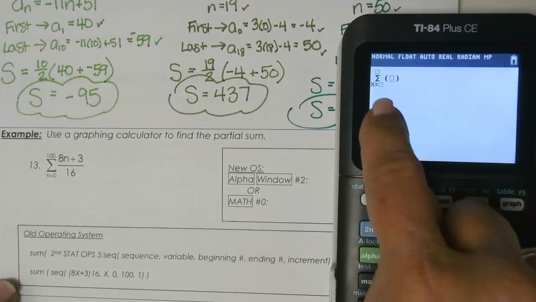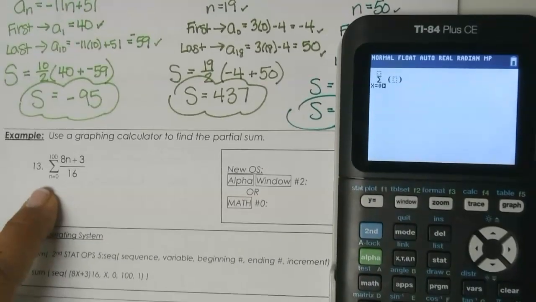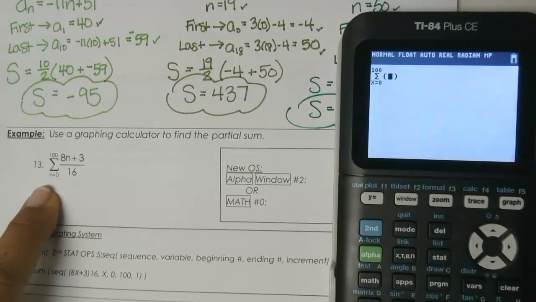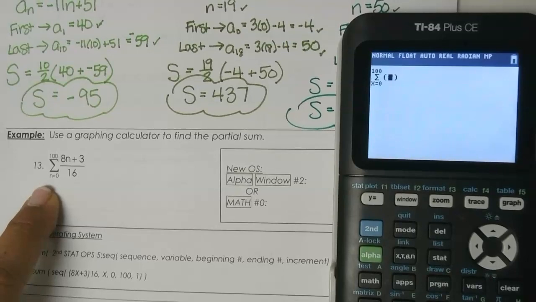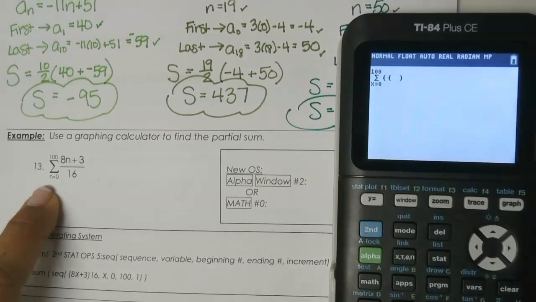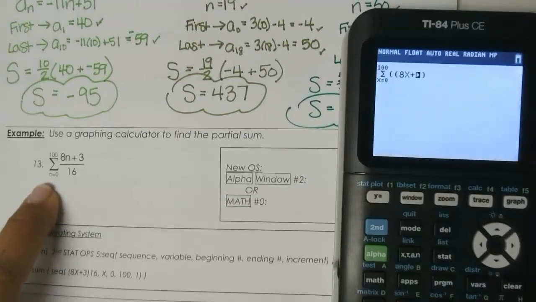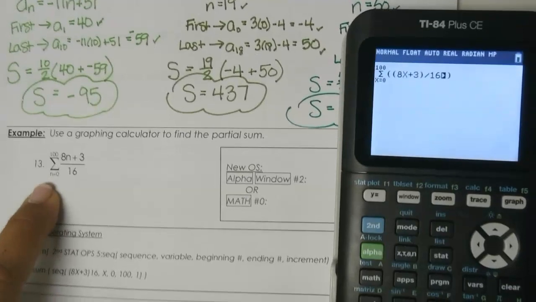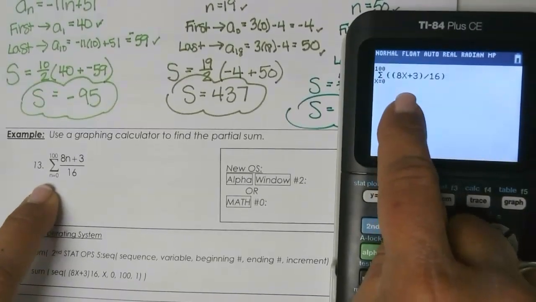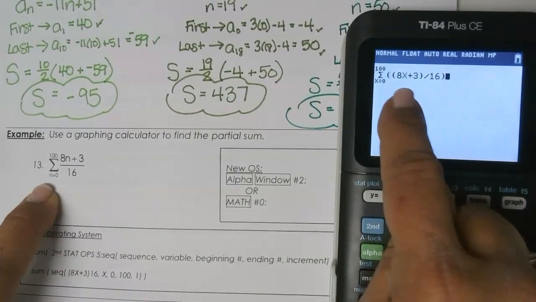And then here I'm going to put the 0. I can arrow up to put the 100, and then I can arrow over to put the rule. Now we'd have to be careful. We have to put it in parentheses 8n, which is going to be x plus 3, and then over 16. The reason that you want to do that, you don't just want to put 8x plus 3 over 16 is because we want to divide this whole expression by 16.